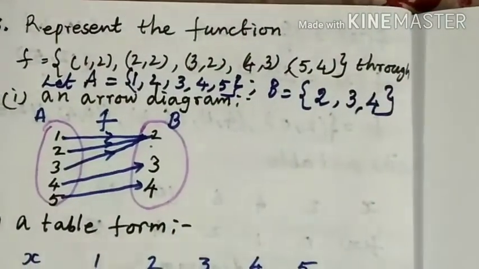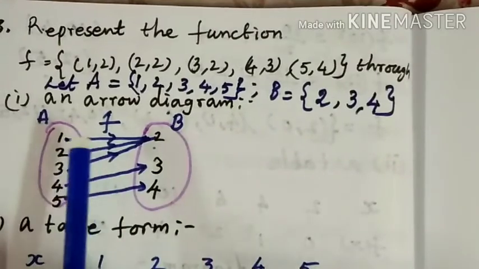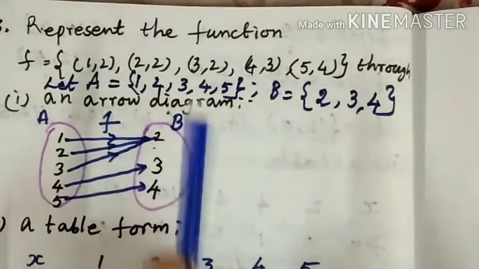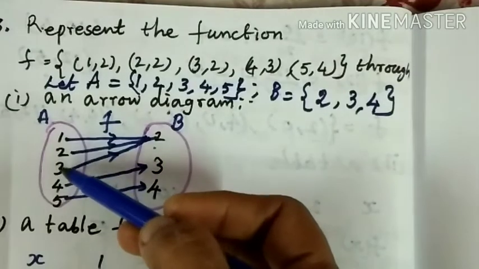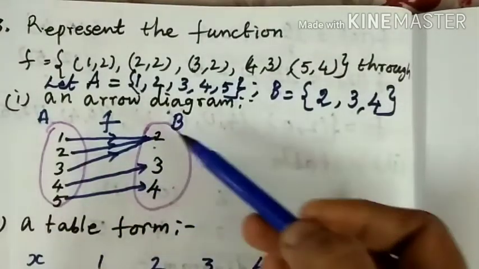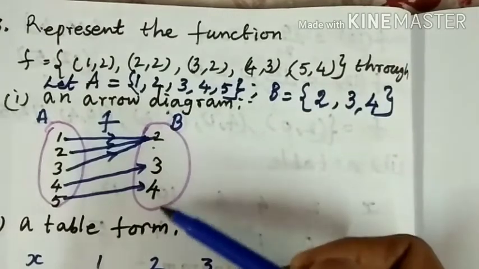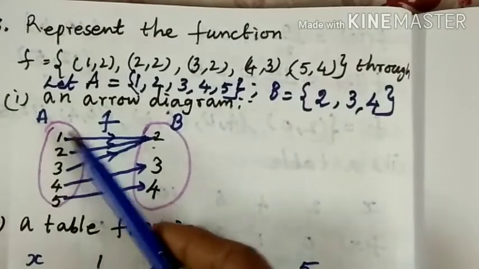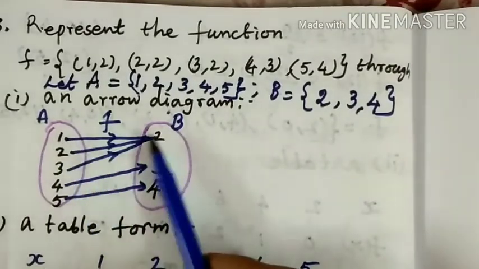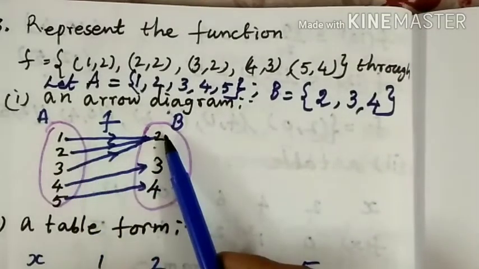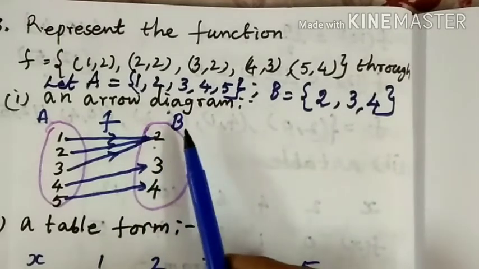Okay, now come to the first subdivision, the arrow diagram. So this diagram represents set A elements 1, 2, 3, 4, 5, and this one represents set B elements 2, 3, 4. Then from the ordered pairs, mapping these, we get 1 mapping to 2, 2 mapping to 2, 3 also mapping to 2.